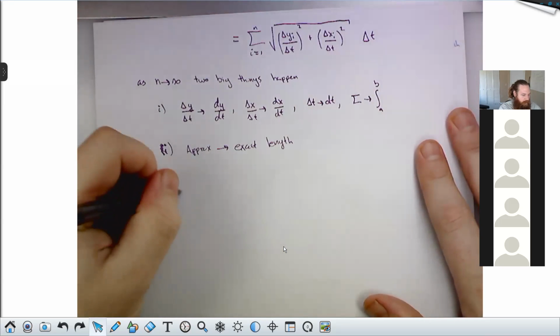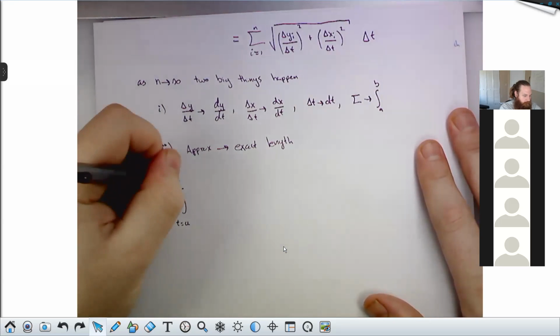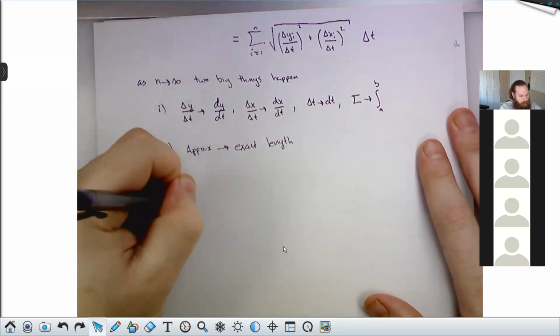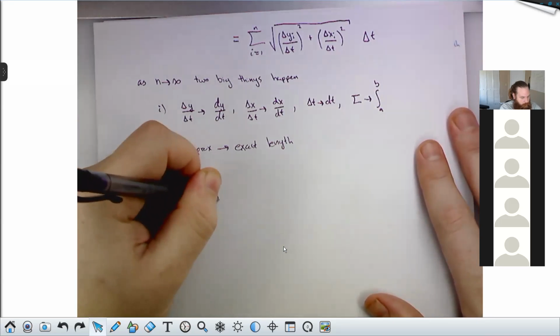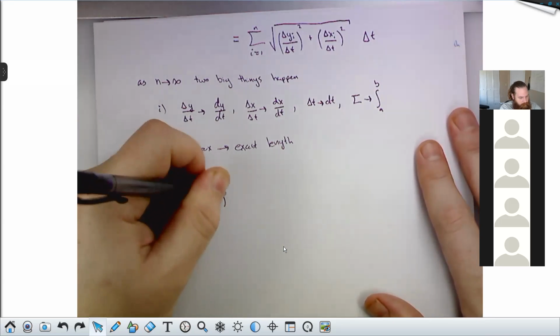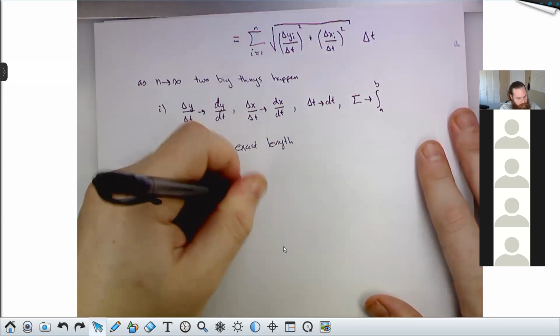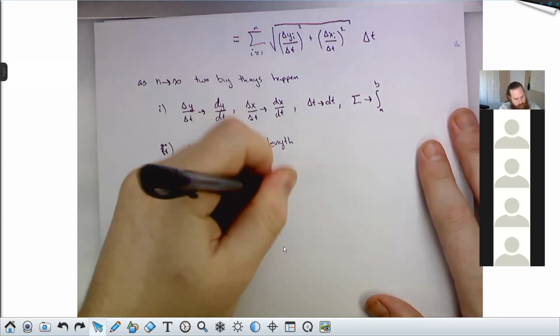So the exact arc length is the integral from t equals a to t equals b, they're times, remember that, of the square root of dy dt squared plus dx dt squared, all done dt.